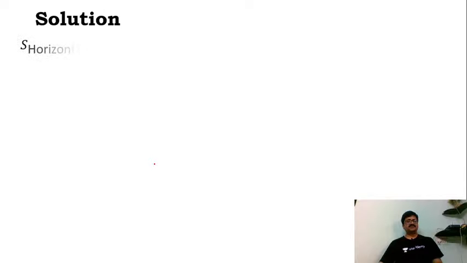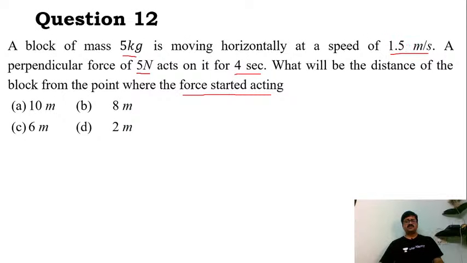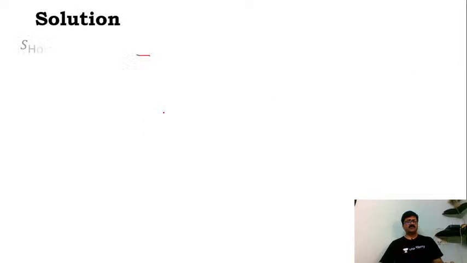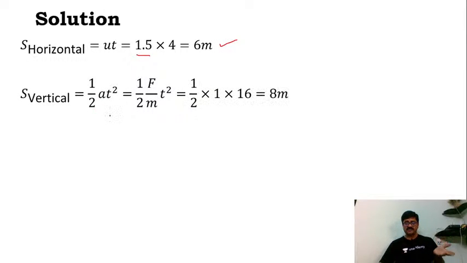So clearly, horizontal distance covered is horizontal velocity into time. Horizontal velocity is 1.5 meter per second as per the given, so 1.5 into time 4 seconds gives me 6 meter. Then vertical distance is half a t square, because initial velocity is only horizontal, so vertical velocity is 0.